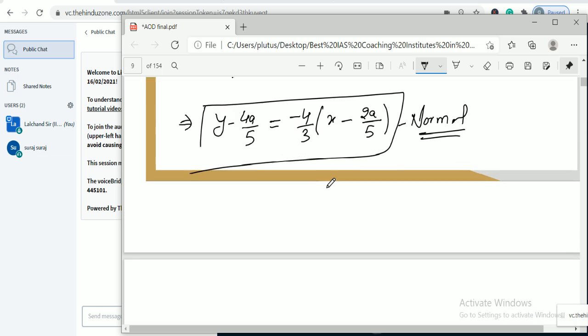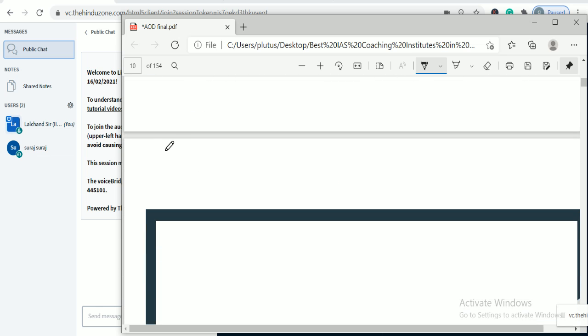Okay. So using this concept of tangents and normals, sometimes the question asked is the shortest distance between two curves. Okay. So let me write the first question, then I will explain how to find the shortest distance.